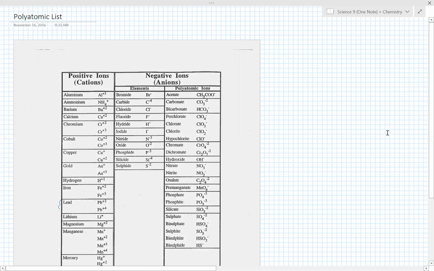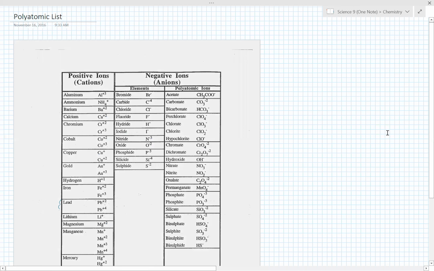Now, again, some of you might say, well, Mr. Chan, what happened to the 2's? Well, those are the charges, and we do not write the charges down. In this particular case, we just write the multipliers. Since I multiplied the copper by 1, that's why it's a 1 here. And here, if I multiply by 1, that's why I wrote the 1 here. Okay?